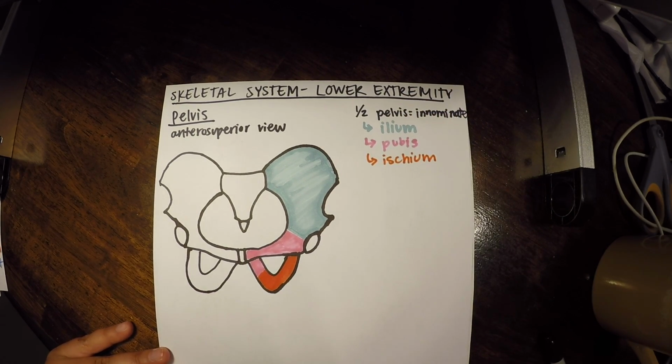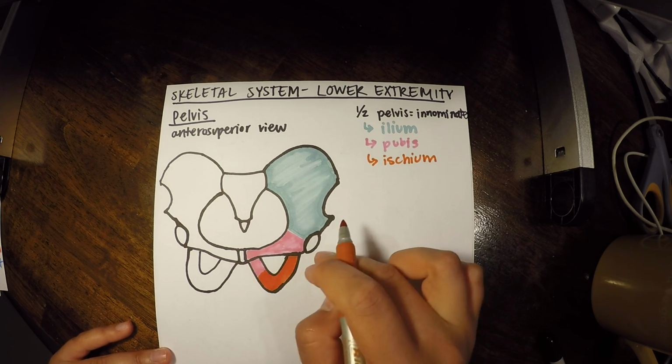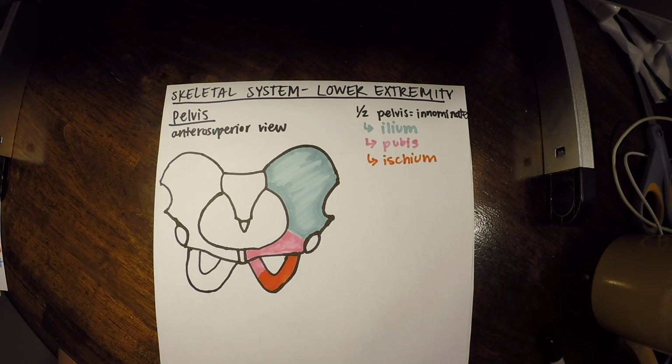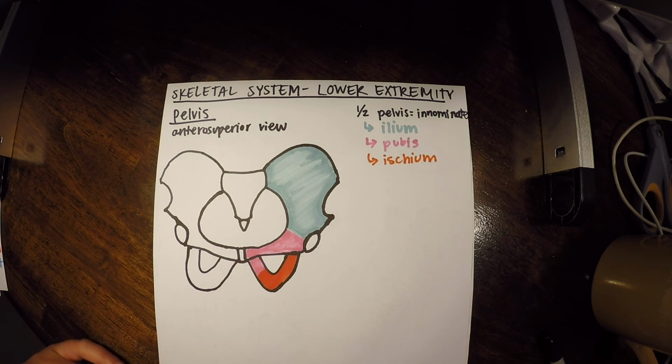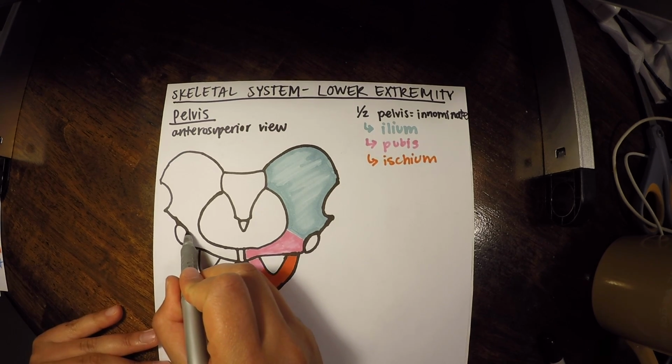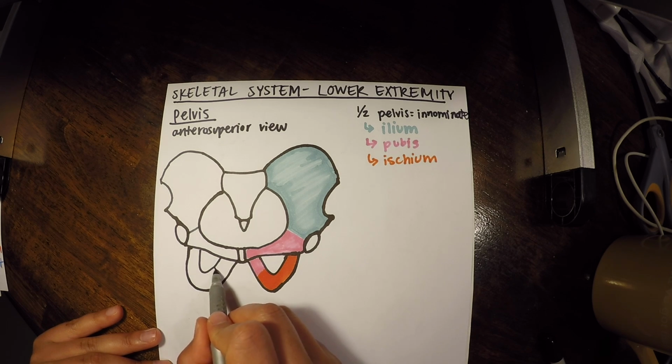So those are our main 3 parts of one half of the pelvis. Now, on the other side, what I'm going to do is I'm going to kind of just mark off where our pubic bone borders are, but I'm going to use gray. So it's going to be right here and right there.